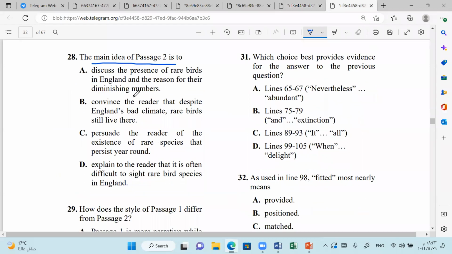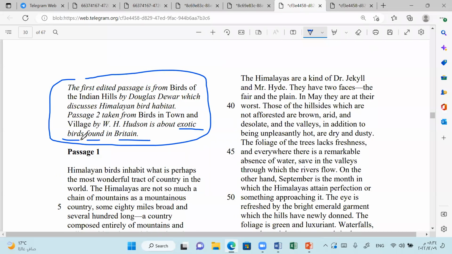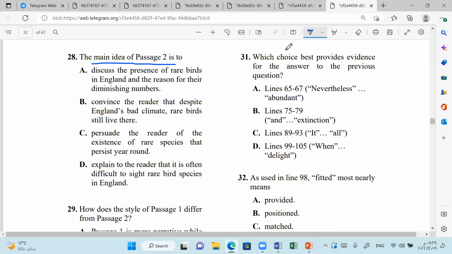Did we read the blurb? Yes, we did. Now we're going to go for the process of elimination. Option A: discuss the presence of rare birds found in England, and the reason for their diminishing numbers.